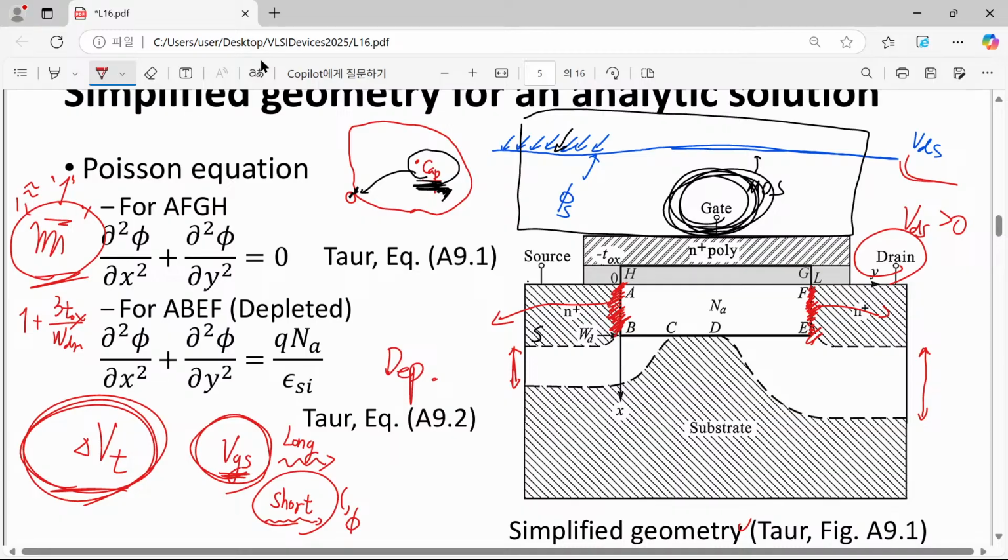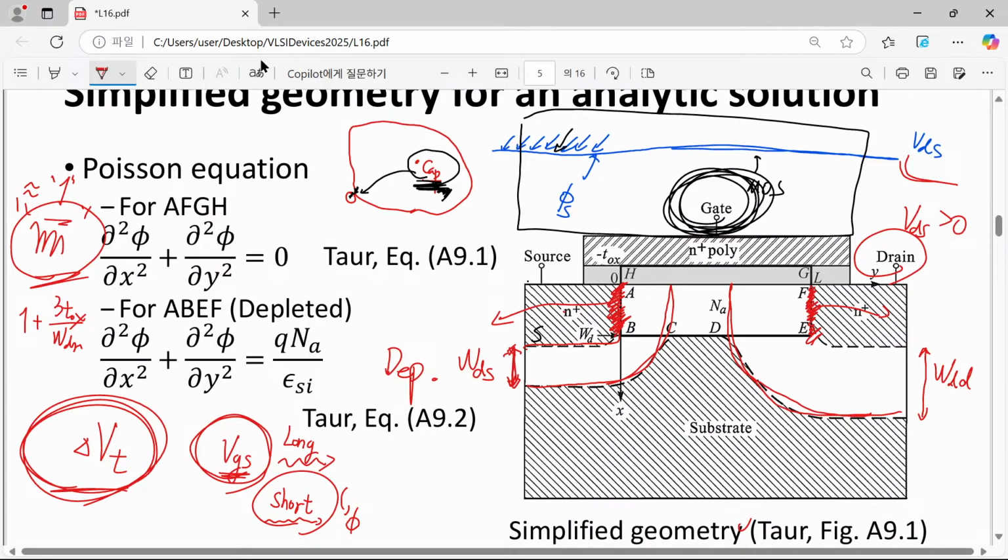And here let's say that this is the length scale. So depletion from the source side and depletion from the drain side, and this length scale is just kept. So maybe this is the amount of depletion obtained by the source side and drain side.